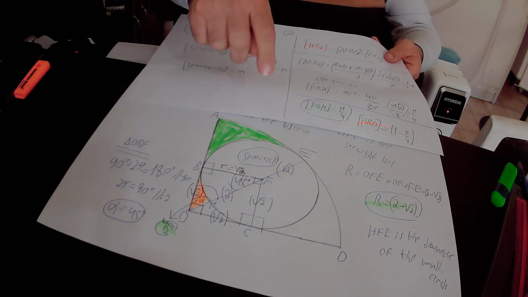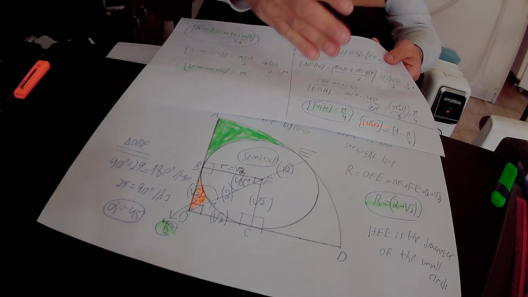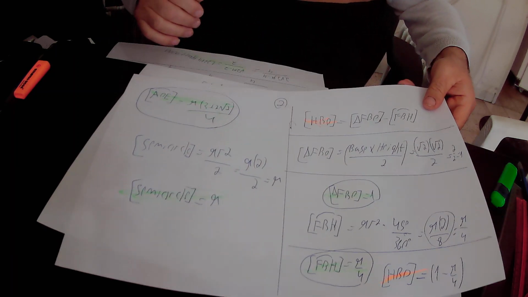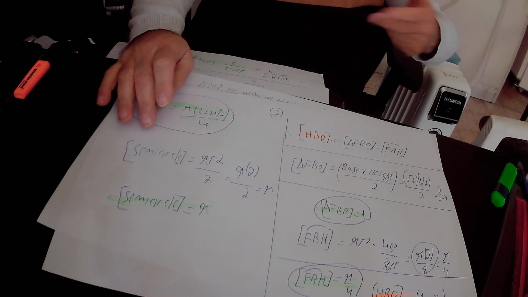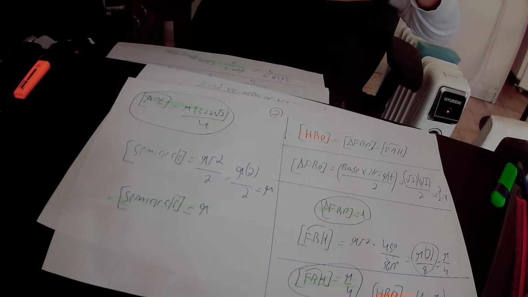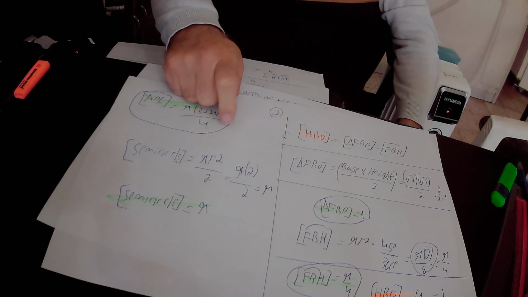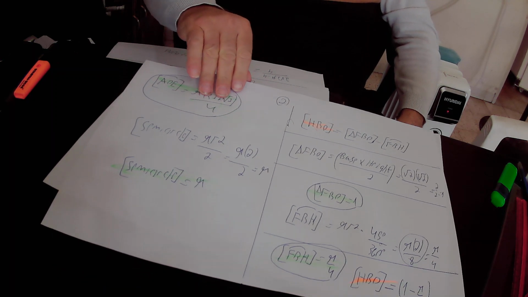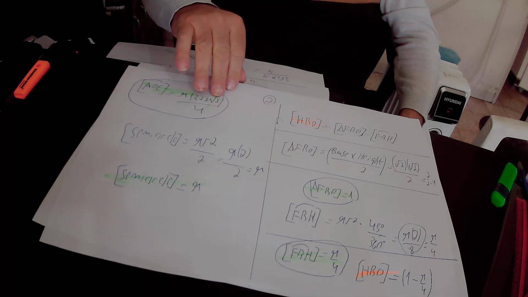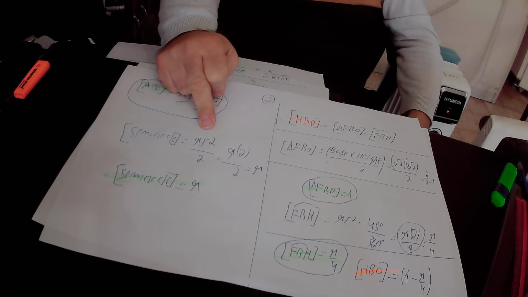The small semicircle is half of the small circle, and therefore its area equals the area of the small circle, pi r squared, over 2. It is given in the question that the radius of the small circle is r, equal to the square root of 2.